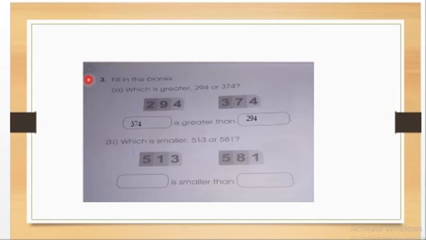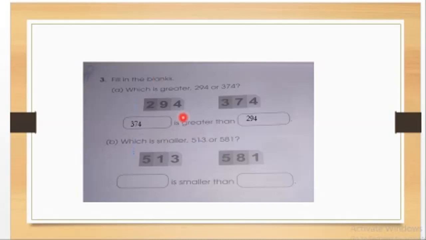Let's read it. It is something that I'm sure is very easy for all of you, in the sense that you know the answer, I think, before I tell you. So let's start it. Which is greater?